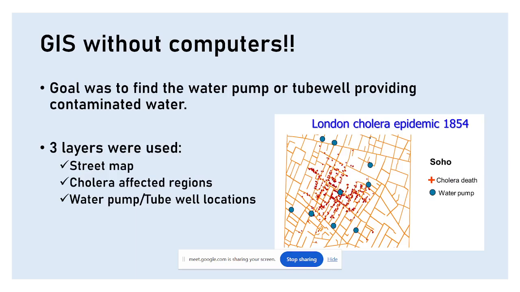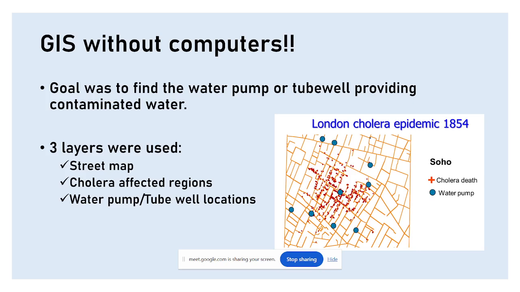So this was an example which Professor Saraf said about GIS without computers. All these examples that I'm giving are purely computer data, right? But in 1854, when there was a London cholera epidemic, computers were not so prevalent. Even then, GIS was helpful in the sense that it helped to find the water pump or tube well which was providing the contaminated water.